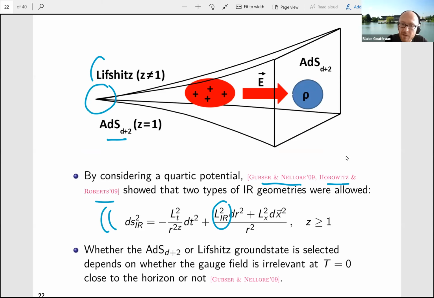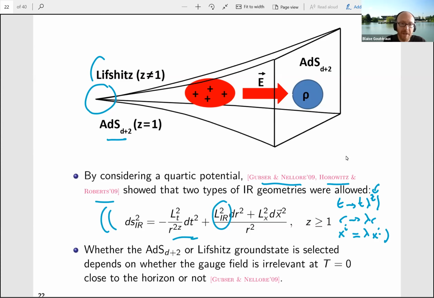It takes its name because it's invariant under t goes to lambda^z t, r goes to lambda r, and xi goes to lambda xi. So time and space in the field theory scale differently, anisotropically, parameterized by this dynamical exponent z. This is why these are Lifshitz metrics.